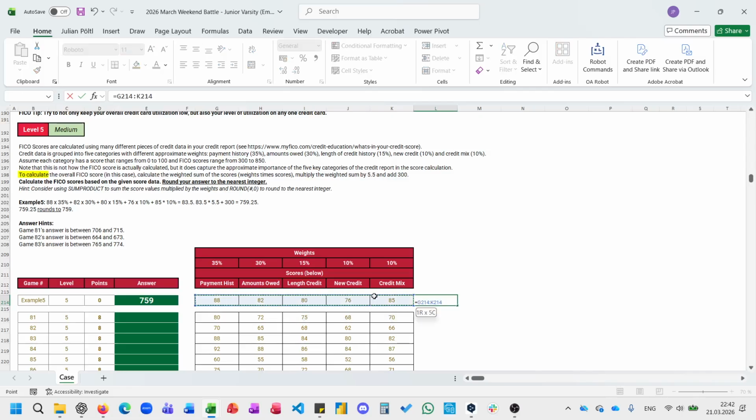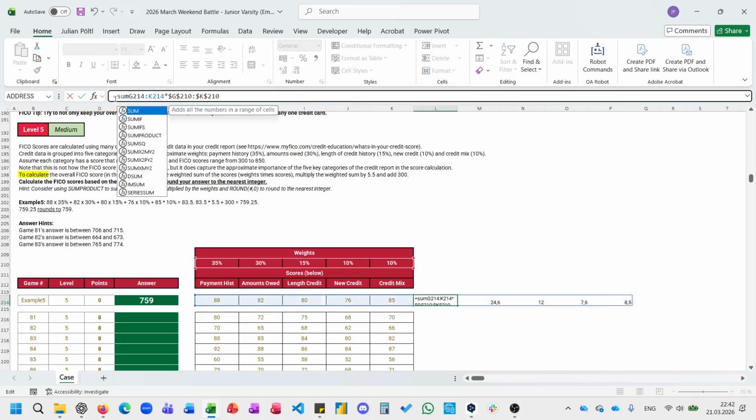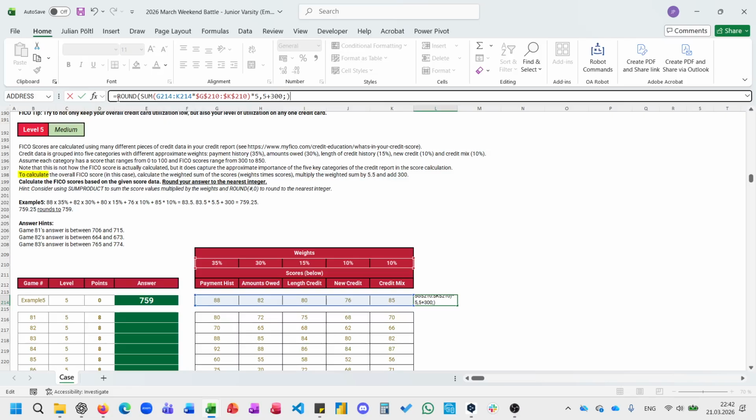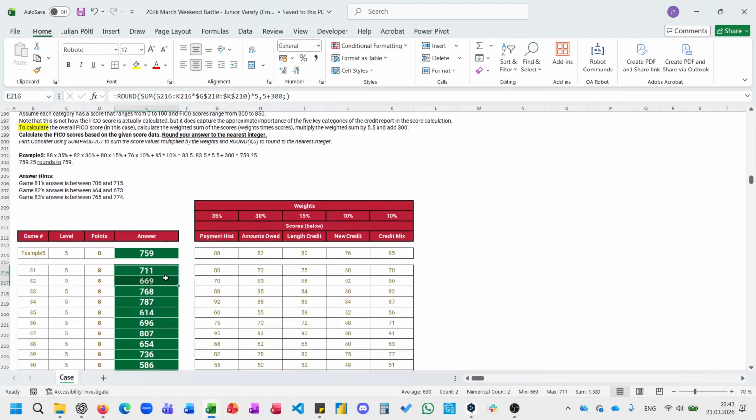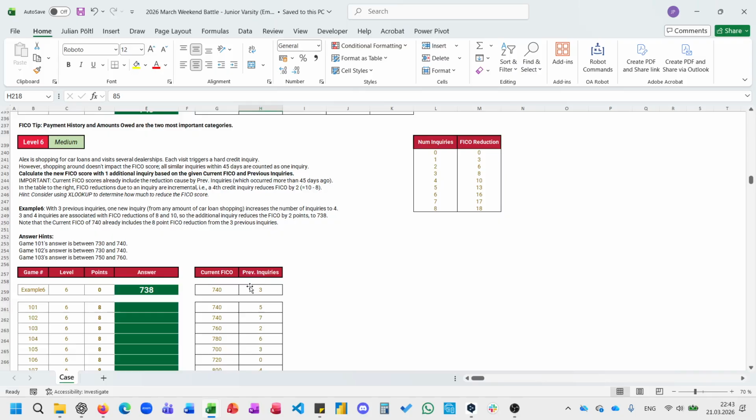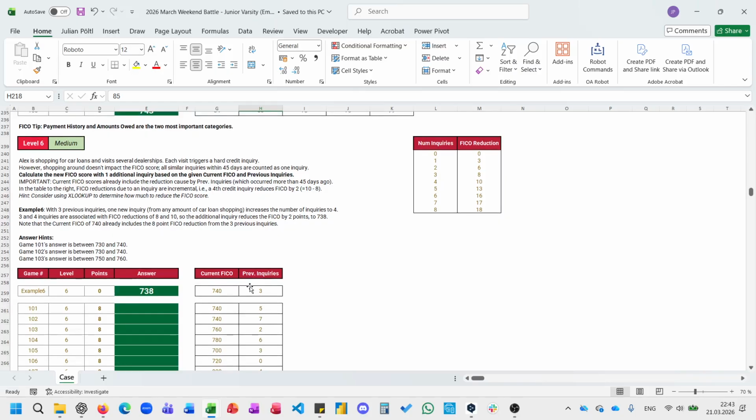Equals this times this fixed sum times 5.5 plus 300 and round to the nearest integer, and we get to our solution. Yes, seems to be right.